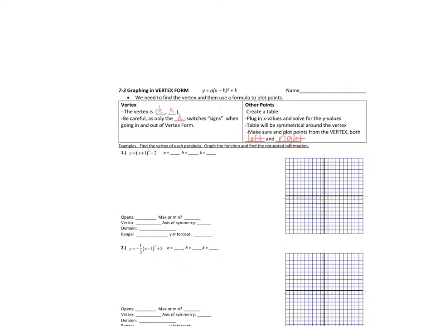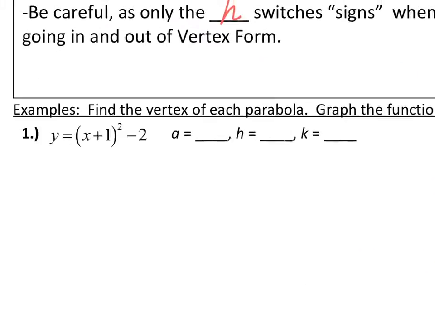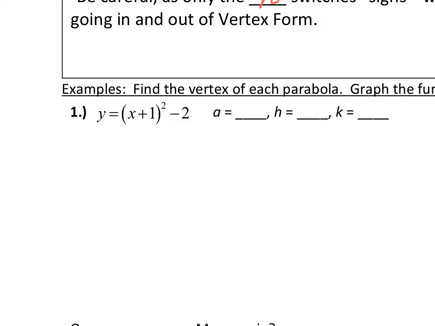All right, first one. We've got y is equal to x plus 1 squared minus 2. Now, the a value is what's in front of the parentheses. You don't see a number in front of the parentheses, so what do you guys suppose it is? 1. Okay, now here's the new part.